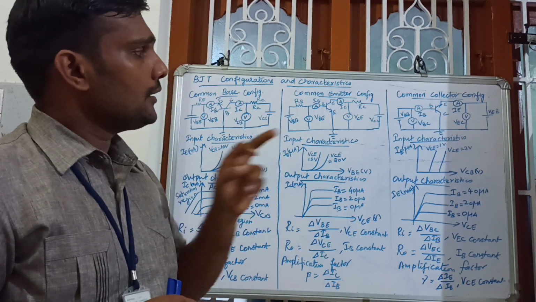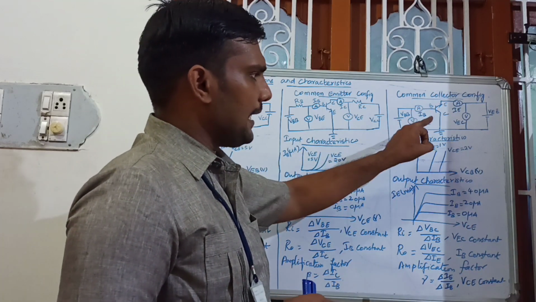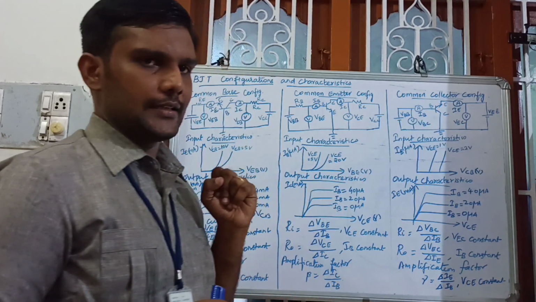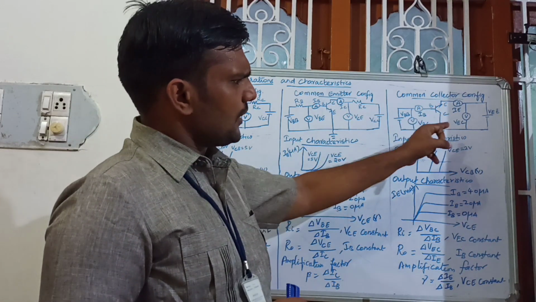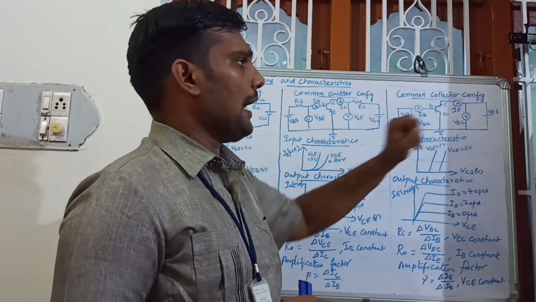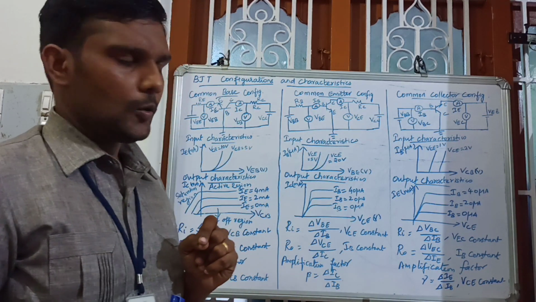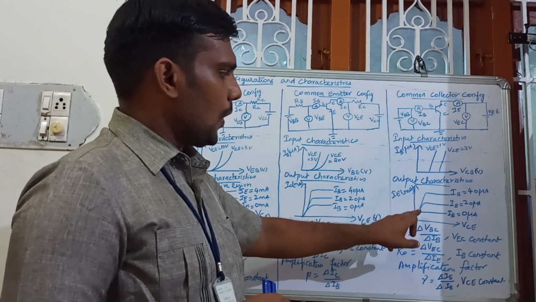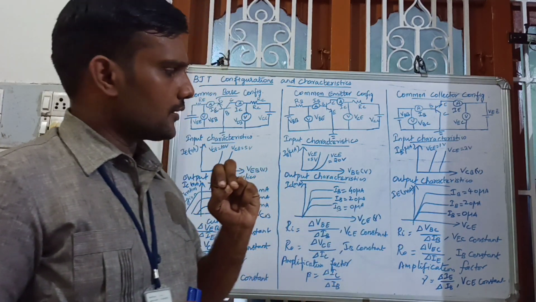The input characteristics are plotted between VBC and IB, with VEC constant, and the output characteristics are plotted between VEC and IE, with input current IB constant. Got it? Here the regions are cutoff region, saturation region and active region.